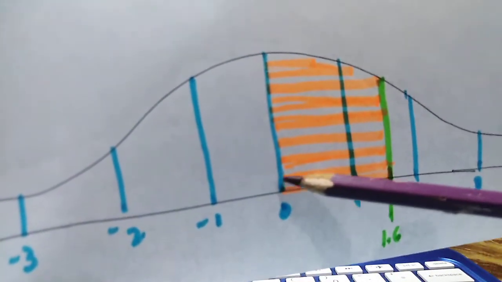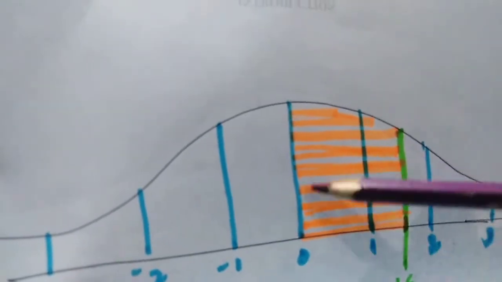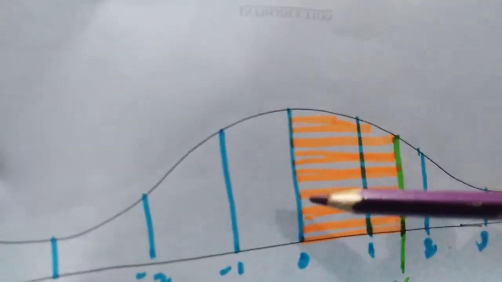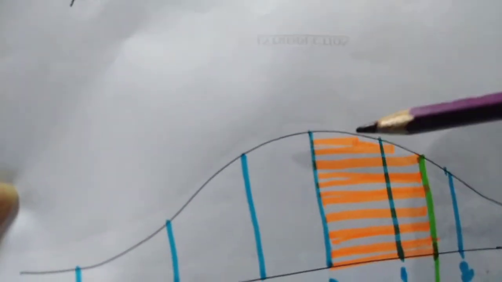From 0, between 0 to 1.6. So we're looking for this area. So first, we look for the area from the left to 0, which is equal to 0.500. So this is 0.5, half of the curve is 0.5.